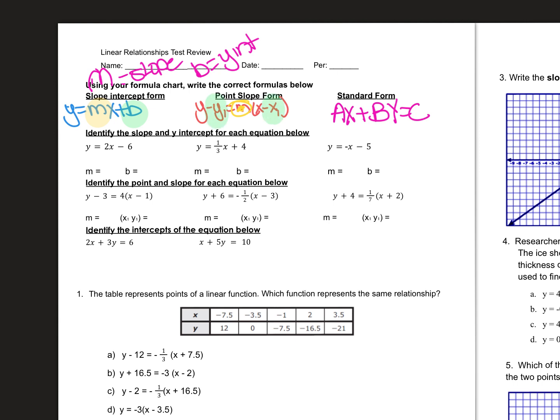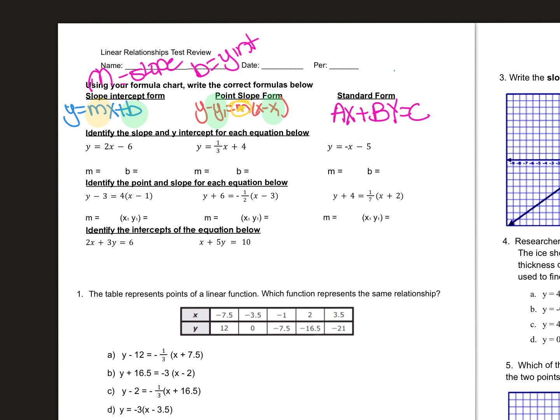Okay. Remember, what I told you to be mindful of here is that these subtraction signs are part of the equation. So do not forget that those subtraction signs are part of the equation. And then we'll go over into standard form. It's our ax plus by equals c. Two things that we have to remember here.